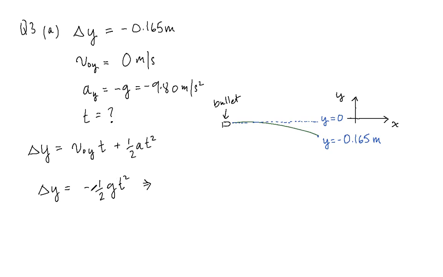And I can also multiply both sides by -1. And so when I do that, I get t squared is equal to minus 2 delta y divided by g. Now I'm going to take the square root of each side. So I get t is equal to the square root of minus 2 delta y over g.